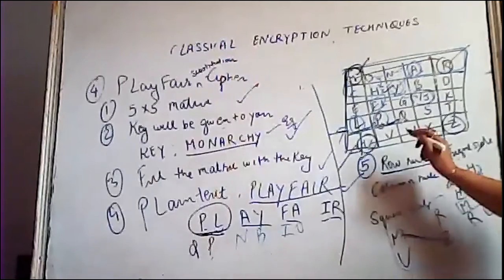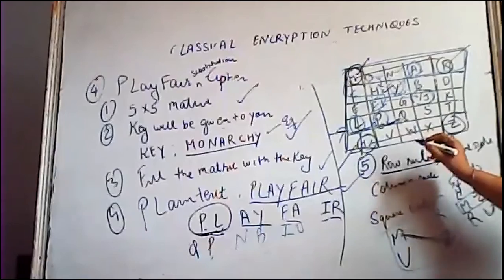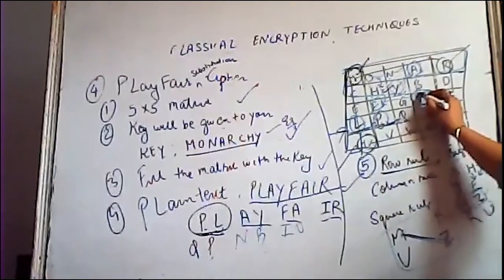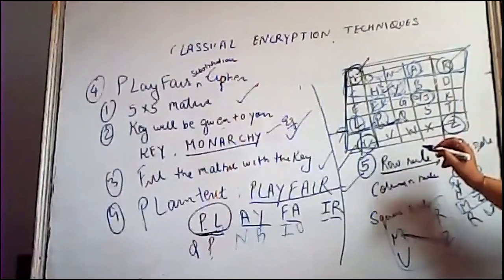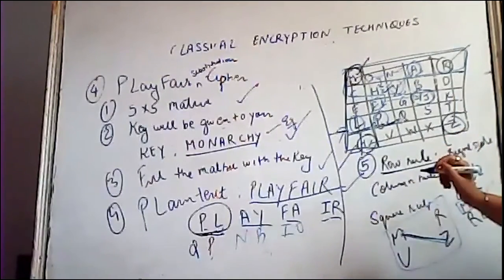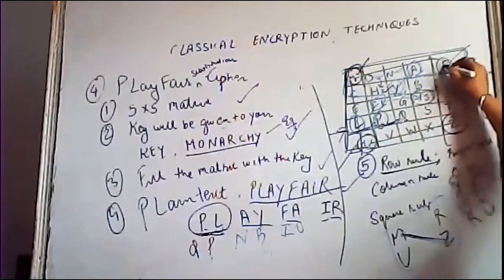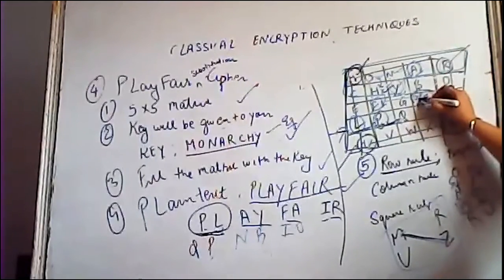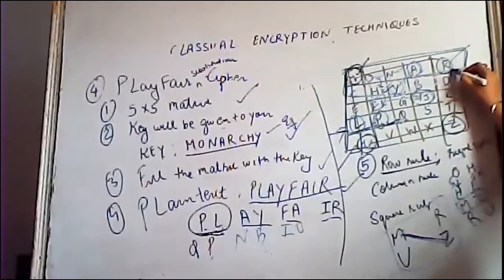here. Next is I and R. Now here this is your I and we have that R over here. This is your, again diagonal, I R. I R is there.